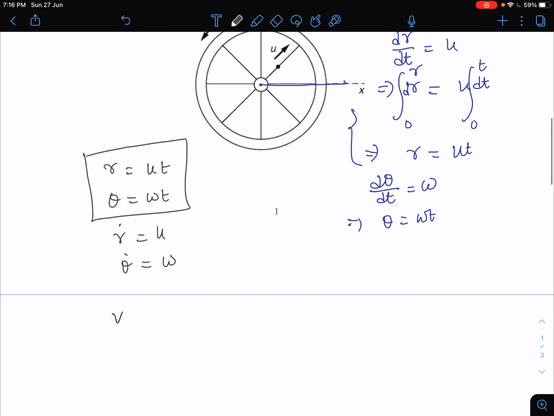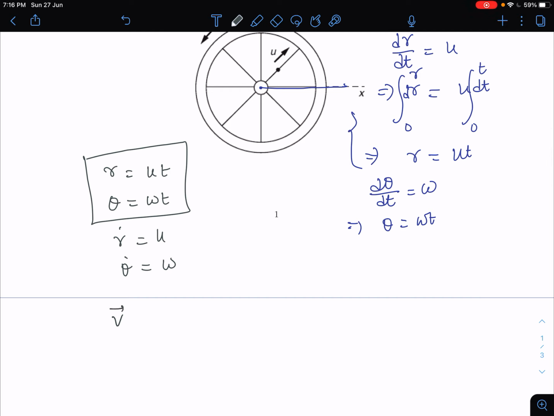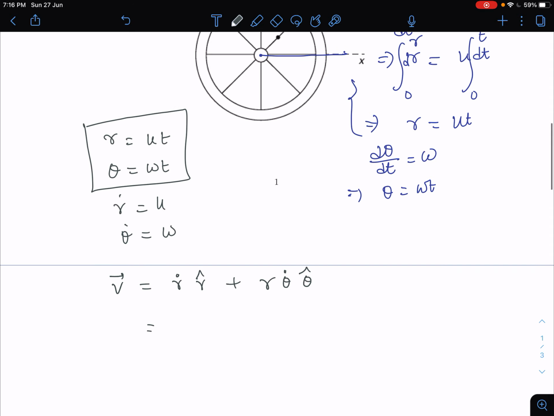Now we need to determine the velocity. From the earlier expression, v is r dot r cap plus r theta dot theta cap. We know r dot is u, so it is just u r cap, and r is ut, which we have already derived, and theta dot is omega, so ut omega theta cap.